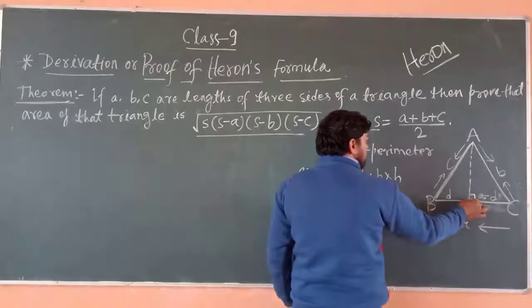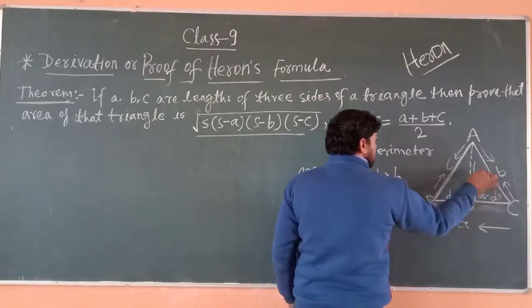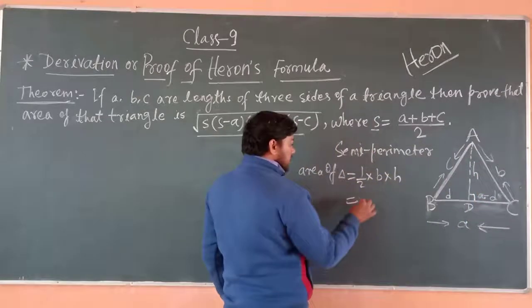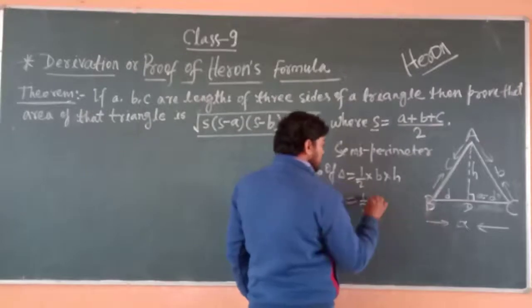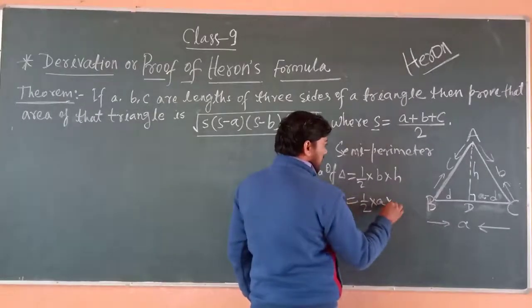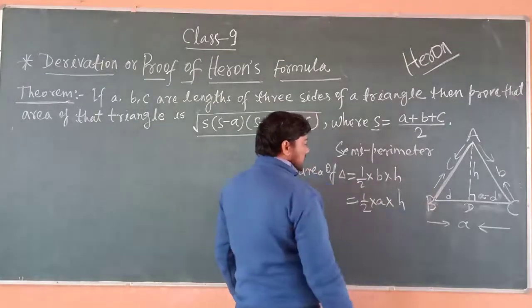So AD is the altitude. It is known as height. 1 upon 2, base is A and height is H.